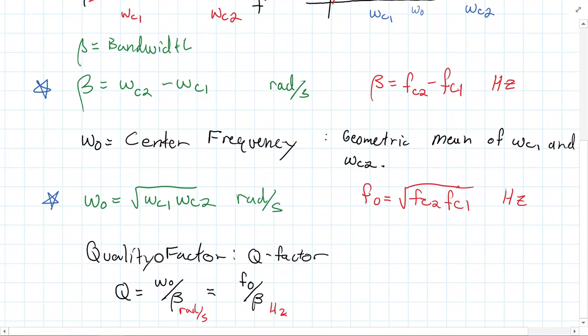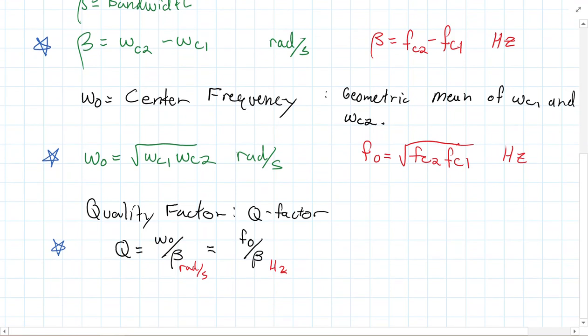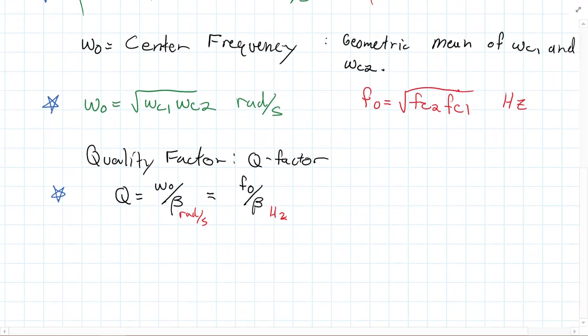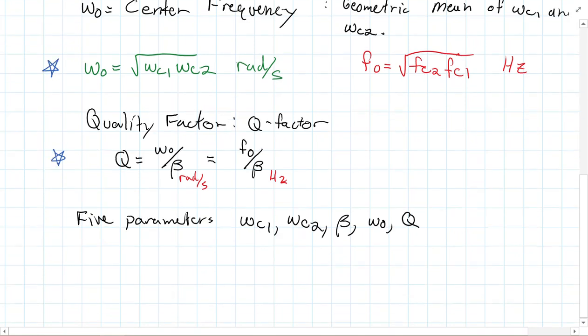And so, again, we have a set of equations here that are very important to us. Now, we will get equations for omega C1 and omega C2 here in a second, but we have 5 parameters. We have omega C1, omega C2, bandwidth, omega 0, and the quality factor. So there's 5 parameters for a bandpass filter.